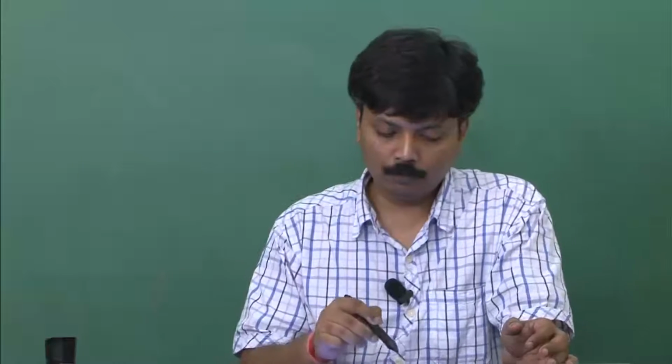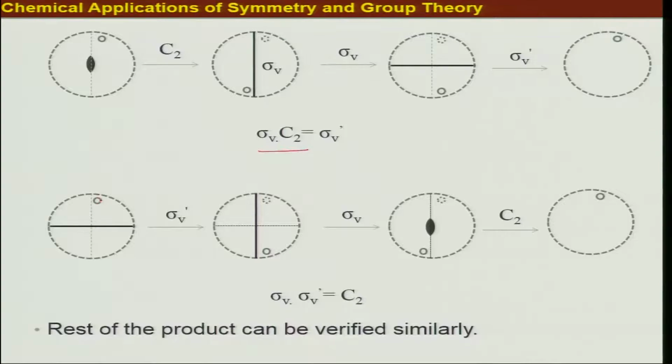Okay. So we start from the general point, and sigma v is this plane. So if we have a reflection, then I will go somewhere here, and then if I operate sigma v which is along this, then I will generate a point over here, and that's what we have generated here.